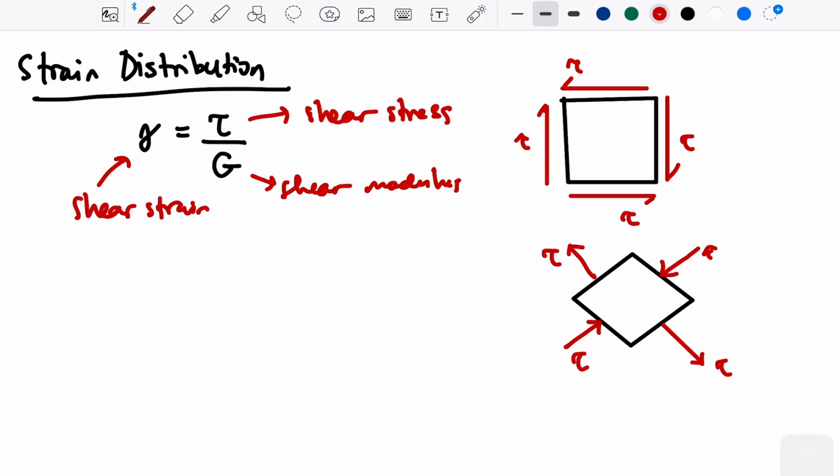So this is when the angle is 45 degrees. This is the maximum value, or in our case here, this is the maximum compression this way, and this will be the maximum tension.